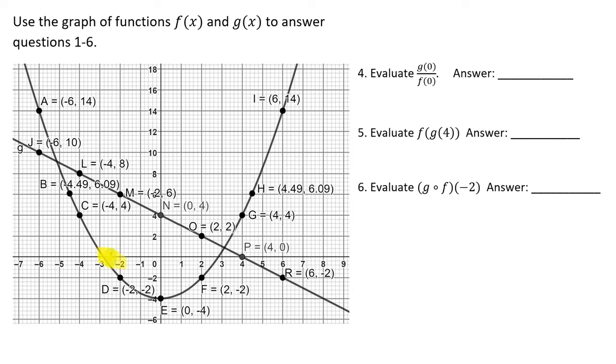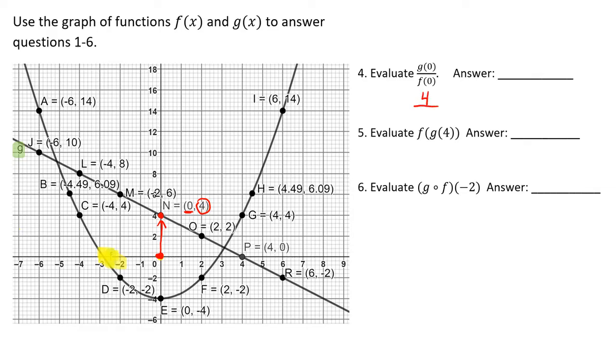Our f function is the parabola, and our g function is the straight line. So g of 0, so I'm going to go to 0. Here we go. This is where x is 0, and we want to know the y value for g when x is 0. So I look up, here's that point, x is 0, and the y value is 4.